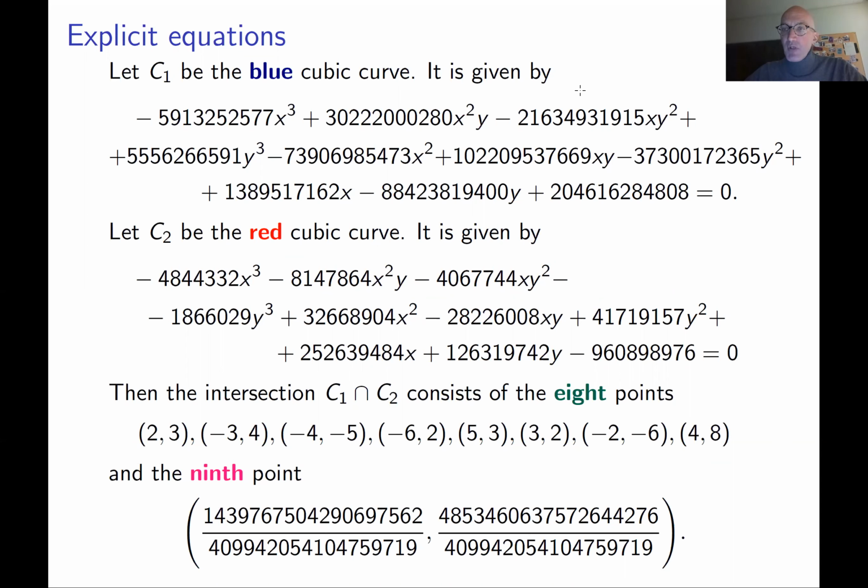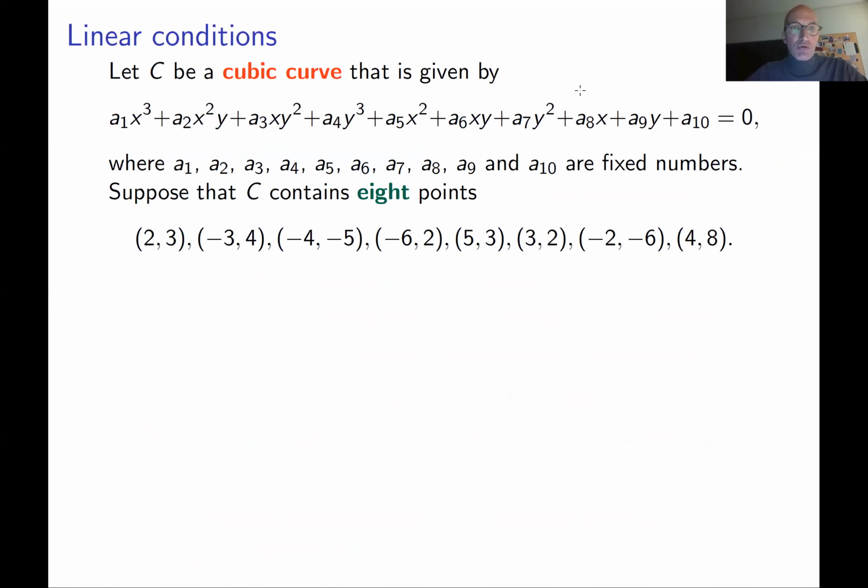First, let me remind you that this third cubic curve is given by a polynomial equation of degree 3. So it should look like this. Here a1, a2, up to a10 are some fixed real numbers, which we don't know. But we assume, for the proof of the theorem in this case, that this curve C contains the 8 points. So what does it mean?